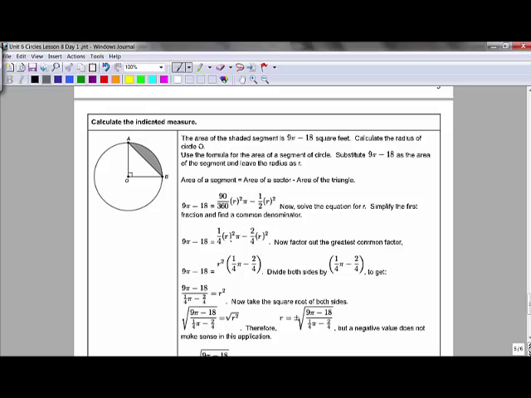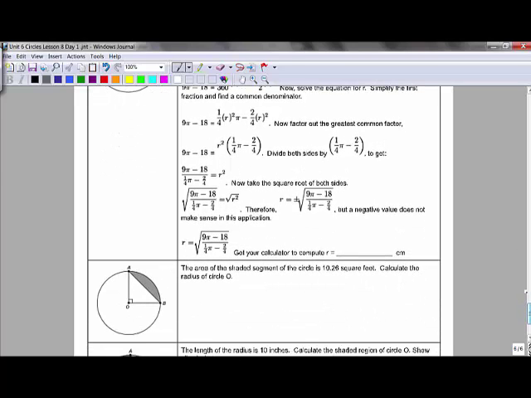And then we do some algebra, solving for r, taking the square root. We know it's really the absolute value of r when we take the square root of r squared, but a negative value does not make sense in this application, so we just have this entire value here to get the value of r.